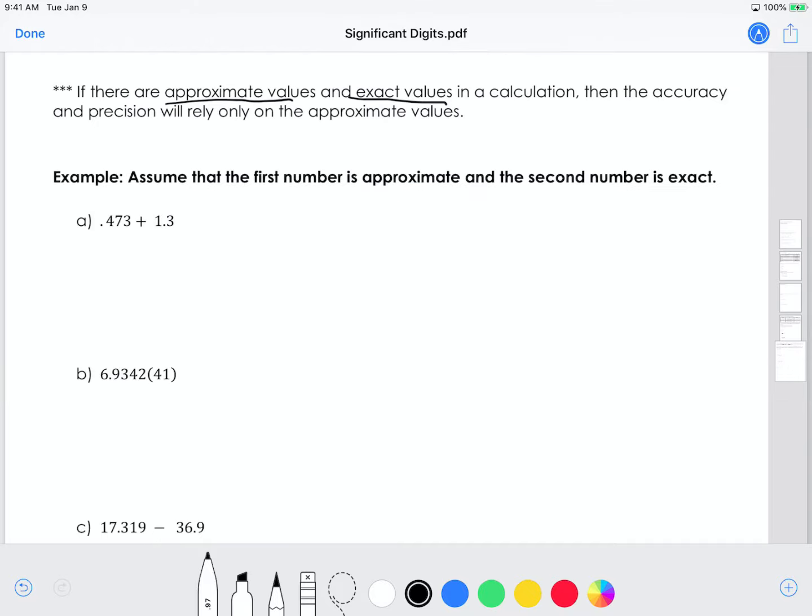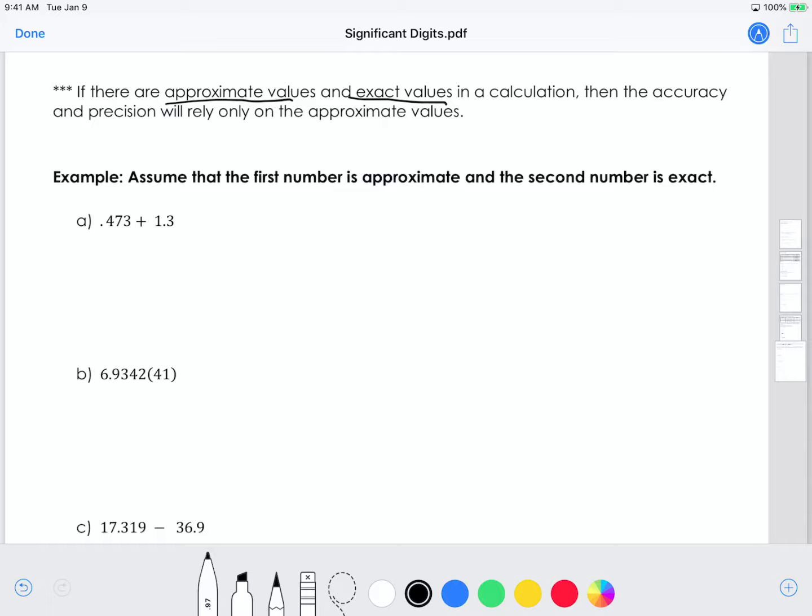And our final topic in this section is operations that involve approximate numbers and exact numbers. So the rules that we've been following so far are specifically for approximate numbers. But when you have an operation that has exact numbers and approximate numbers in it, our final answer is only going to depend on the approximate numbers for accuracy and precision.